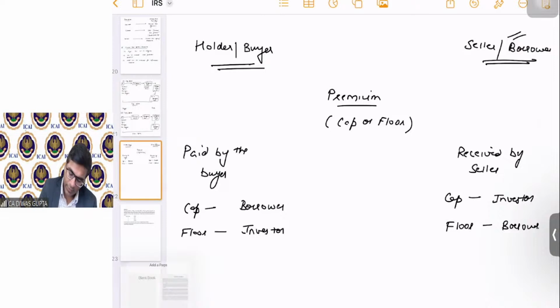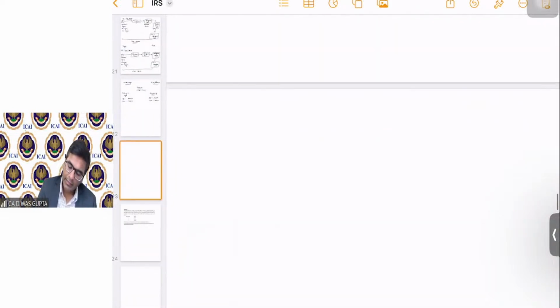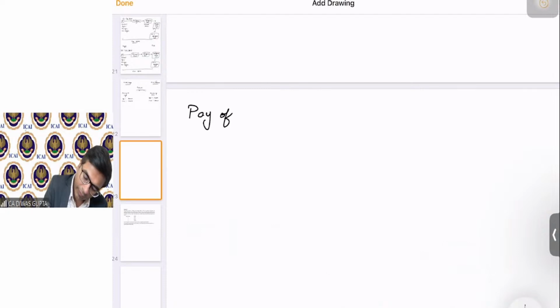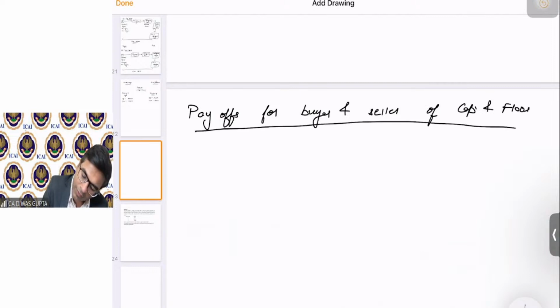Clear, students? Now, at last, let's also discuss about the payoffs for buyer and seller of cap and floor options. Okay. Let's write it down.